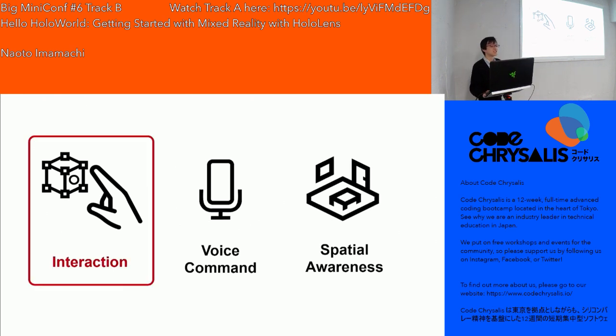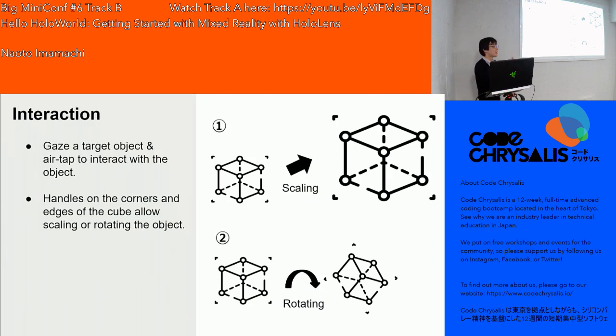First one is interaction. So how do you interact with a virtual object? At first, the user can gaze at the virtual object and air tap to interact with it, and handles on the corners and edges of the cube allow scaling and rotating the object.